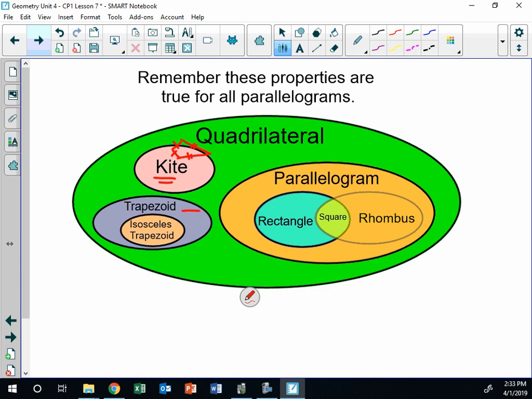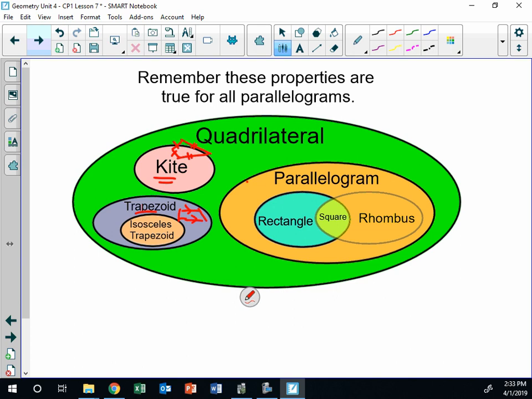Trapezoid, we have a set of parallel sides, and then the opposite sides could be equal. That would be an isosceles trapezoid, or they're not equal in measurement when it would just be a traditional trapezoid. But the trapezoid has one set of parallel sides.